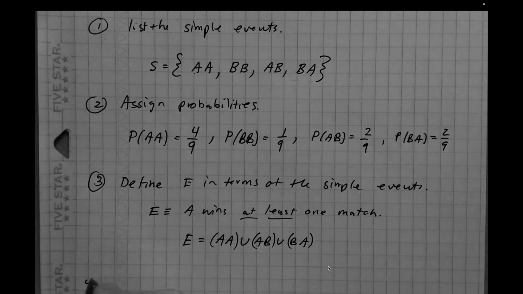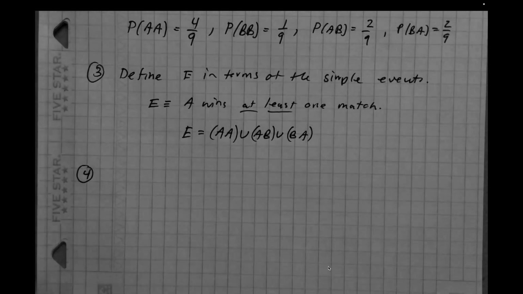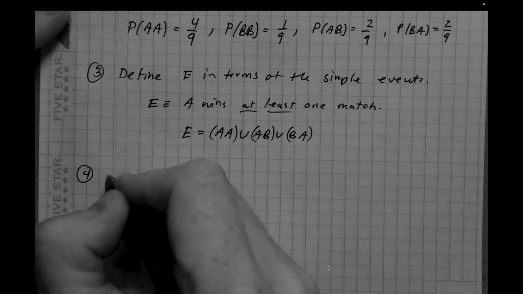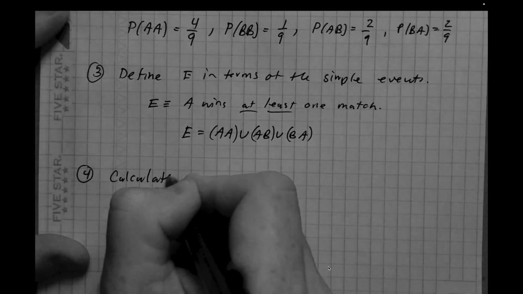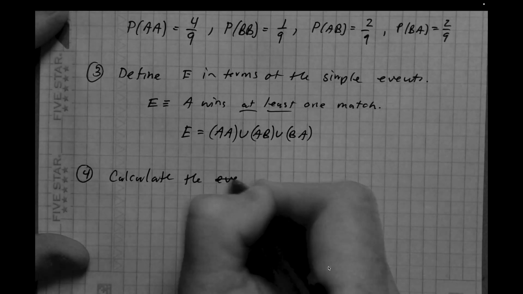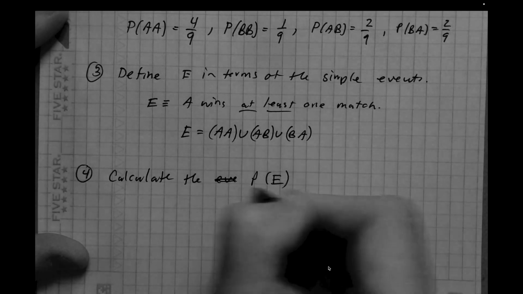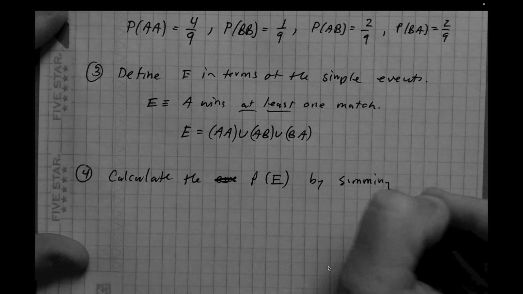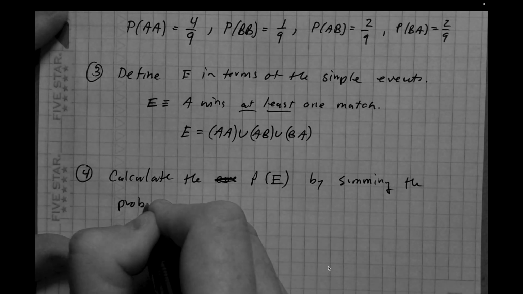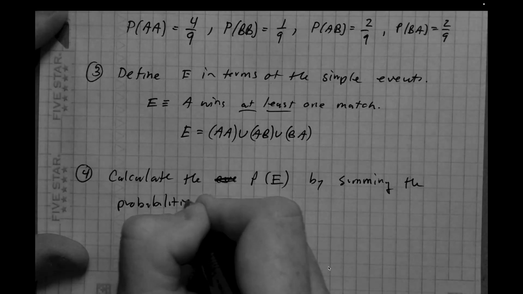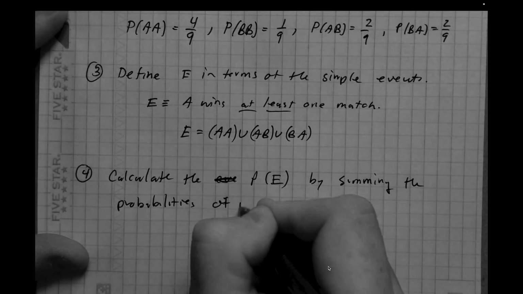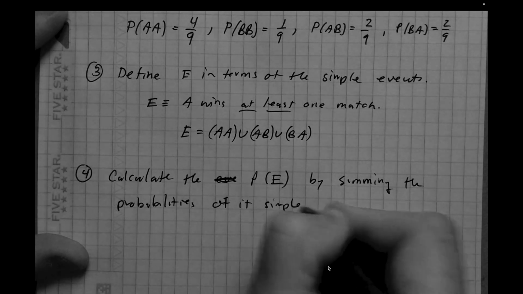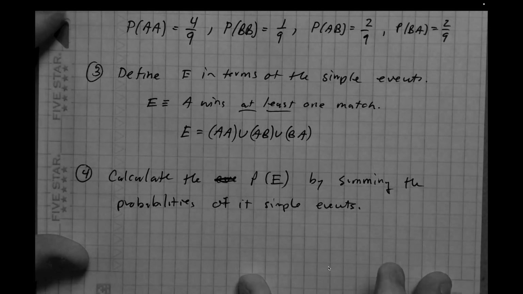Okay, and then step 4 is where we actually calculate the probability. So we want to calculate the probability of E by summing its simple events. So calculate the probability of E by summing the probabilities of its simple events.